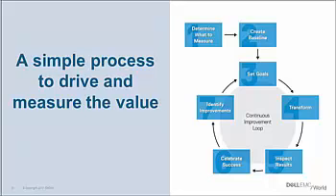Create a baseline, set goals for what you want those metrics to be, implement the changes if you need to in order to drive to that set of metrics, inspect results, celebrate success, identify improvements, and then have a continuous improvement loop.